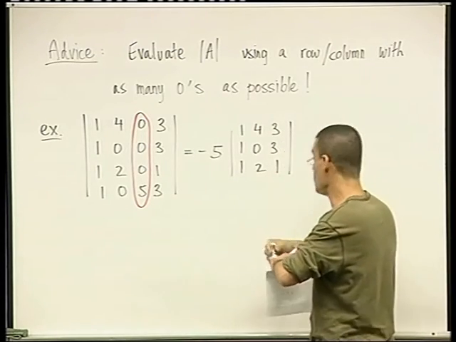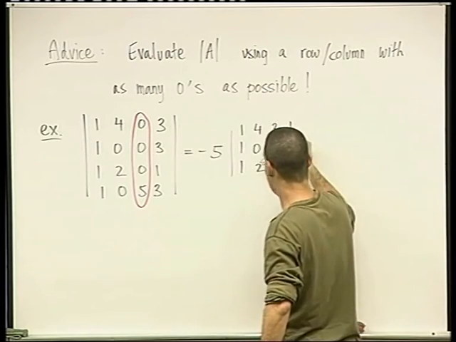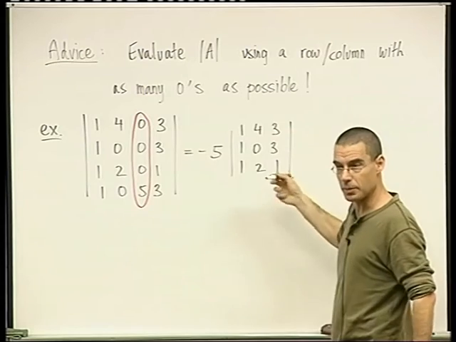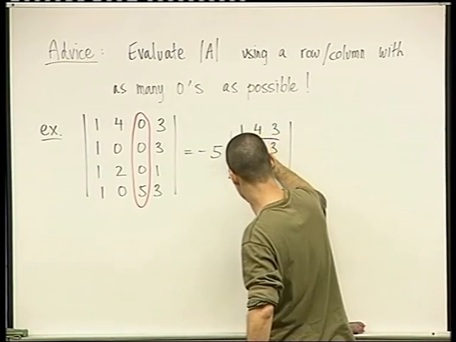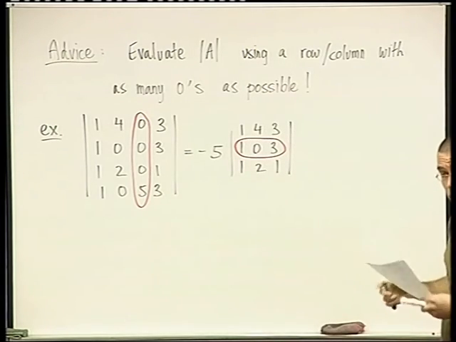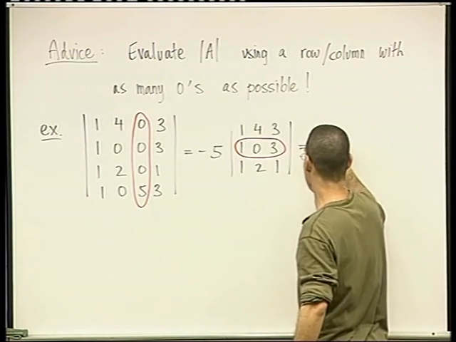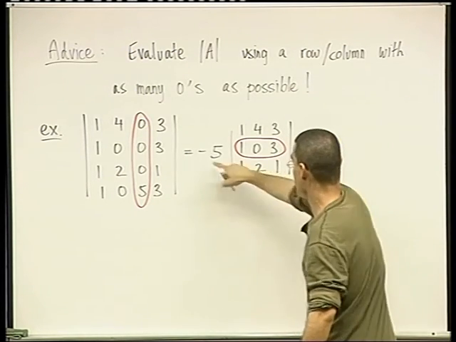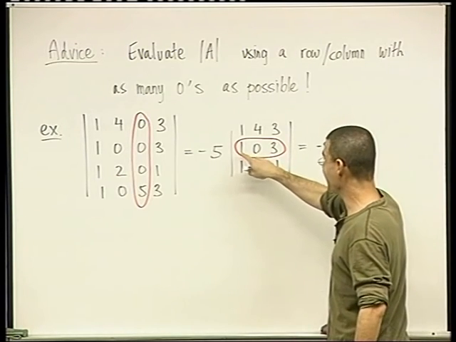Again, I have to choose a row or a column. So, for example, obviously it's better to choose the second row or the second column, right? Because they have a 0, so let's choose the second row. And the theorem tells us you can choose whatever row or column you want. Okay, so I get minus 5. This I have to carry over. And then 1 with a minus, right?